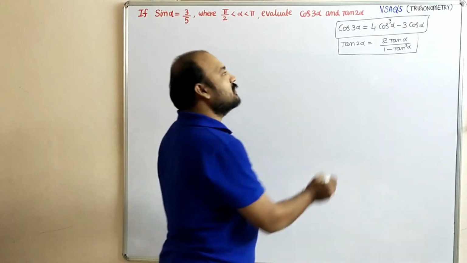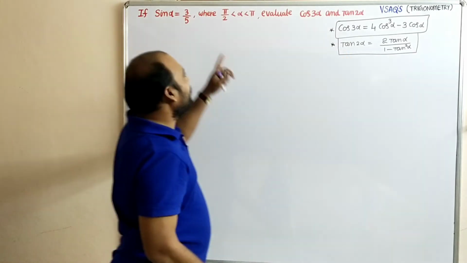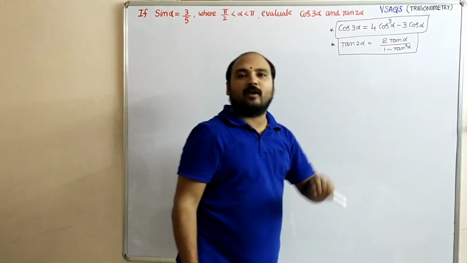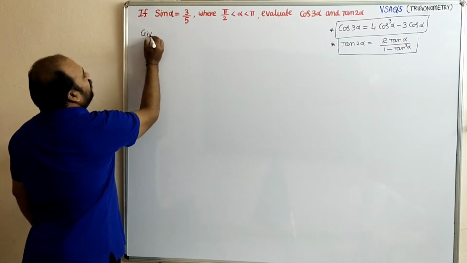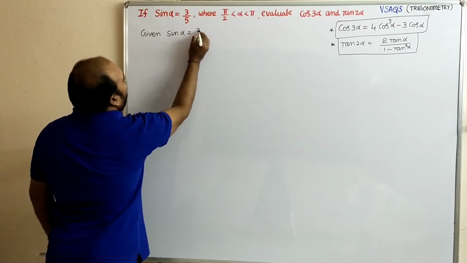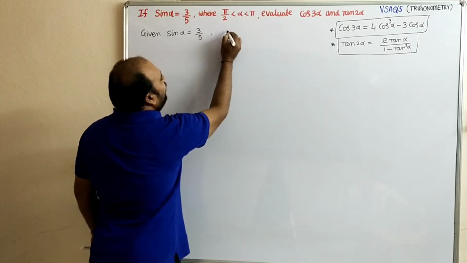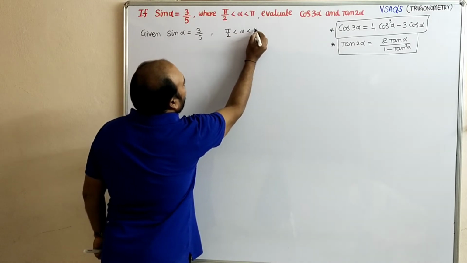After writing this formula step, from the given information, you can calculate cos alpha and tan alpha values. So given sin alpha equal to 3 by 5 and alpha value is given here, pi by 2 is less than alpha is less than pi.